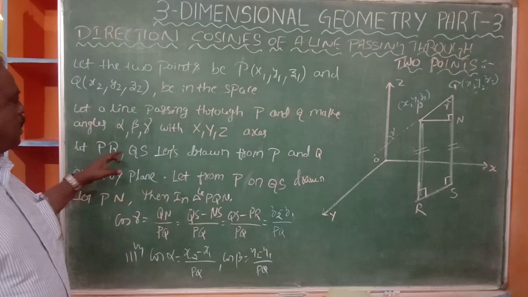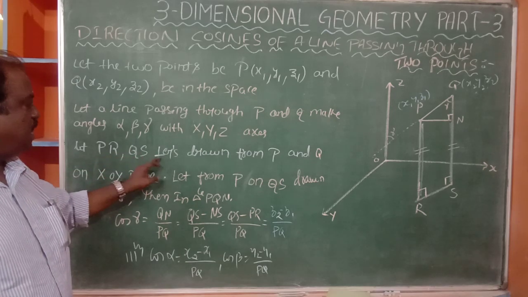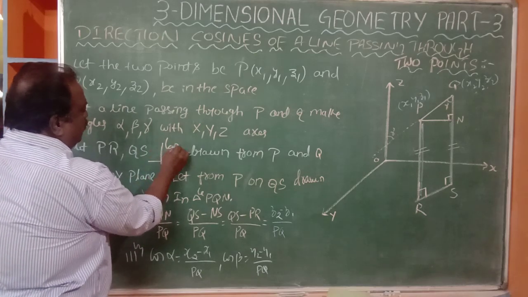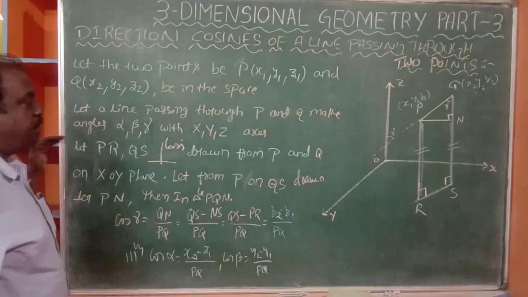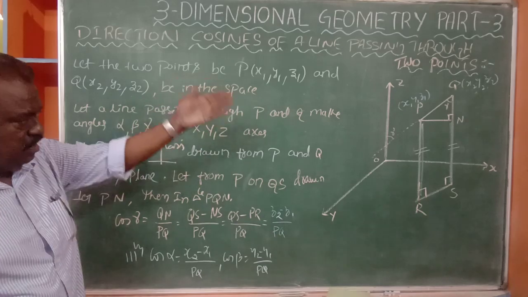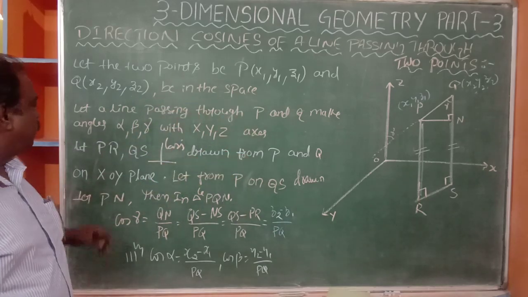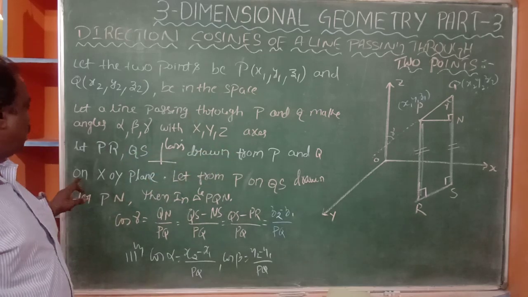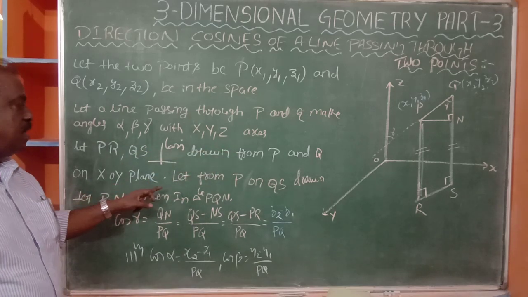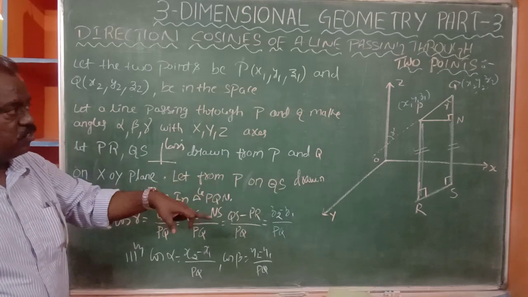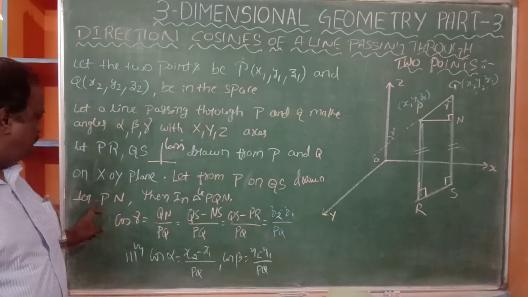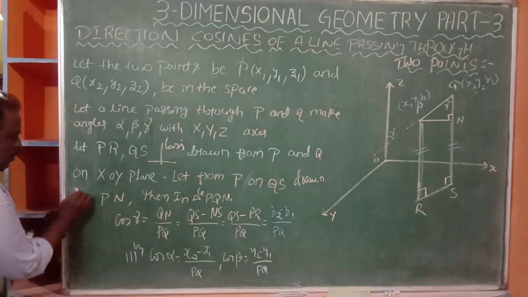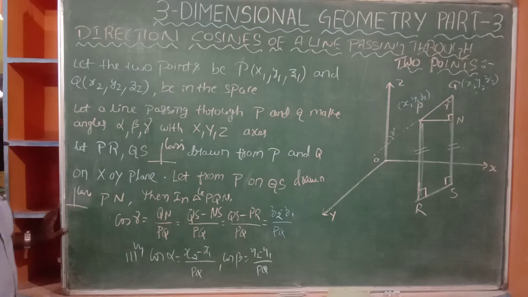Let PR, QS be perpendiculars drawn from P and Q. What is the diagram? I am writing here. PR and QS are drawn perpendicular from P and Q on the XY plane. Let from P on QS be drawn a perpendicular, again a perpendicular PN.